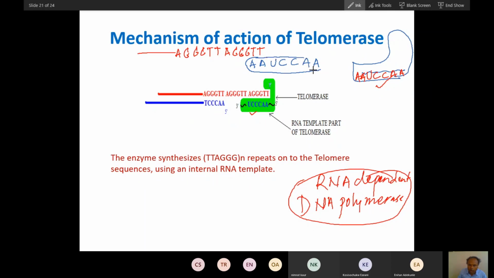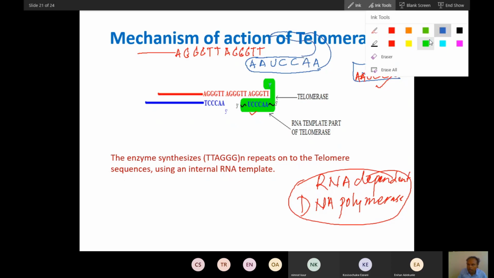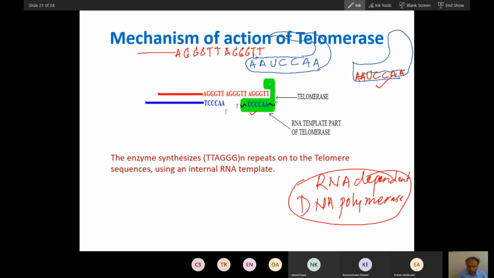Now what does this telomerase do? It will polymerize on this very nucleotide, because this is the 3' end. It will add A here. It is an RNA dependent DNA polymerase, that is why telomerase polymerizes using this RNA.